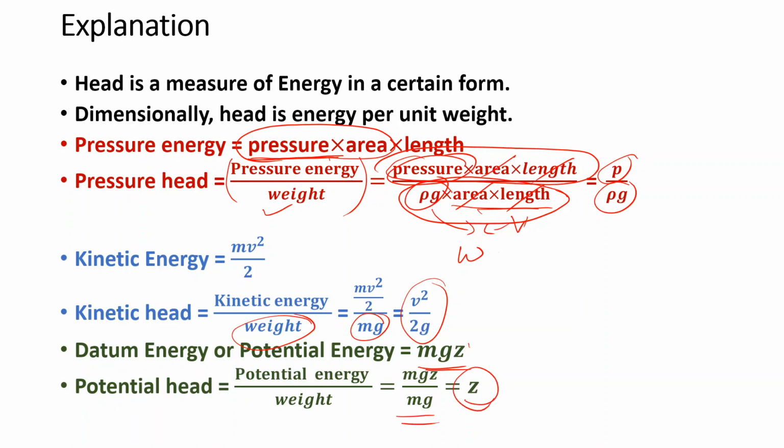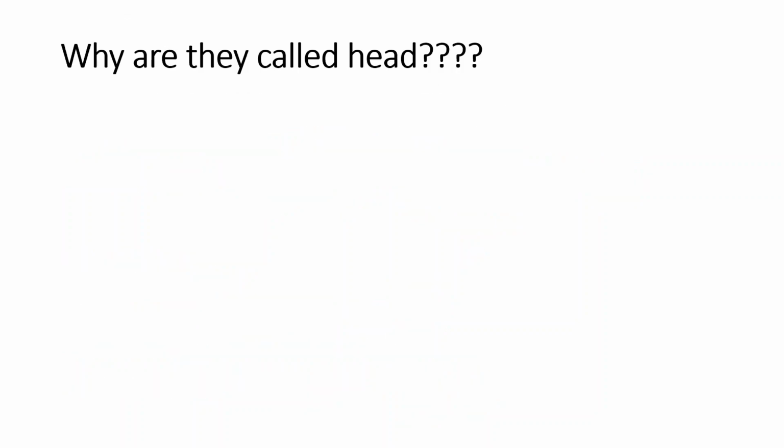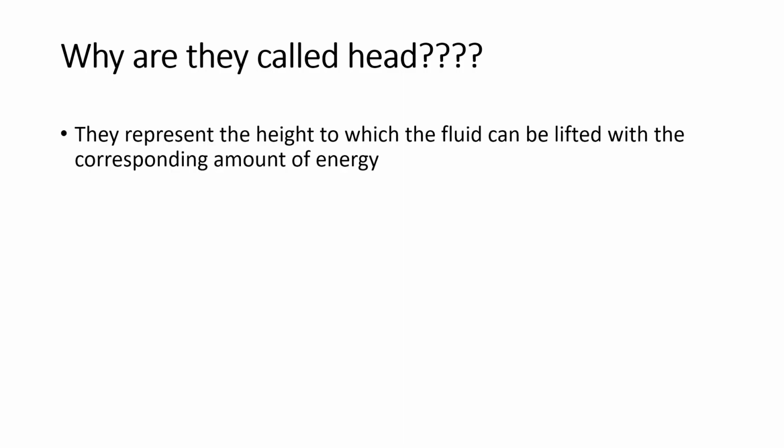Now why are they called head? They represent a height to which the fluid can be lifted with the corresponding amount of energy. If the pressure energy is a certain amount, with that much energy you can lift a unit weight of that fluid up to a given height.